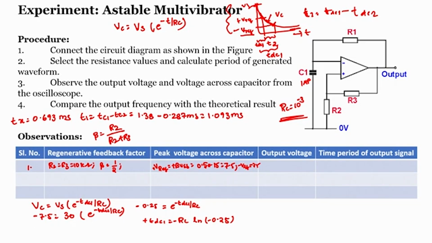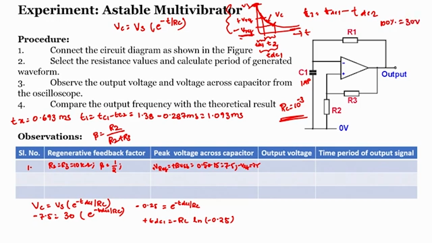Or I can say, what is the percentage of minus V reference in complete 30 volts? Complete 100% is nothing but 30 volts.